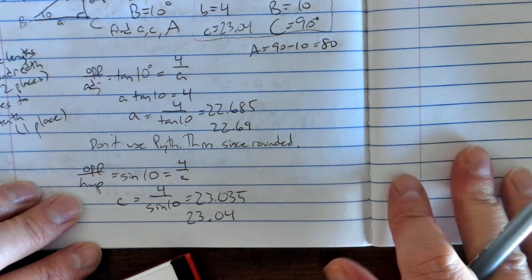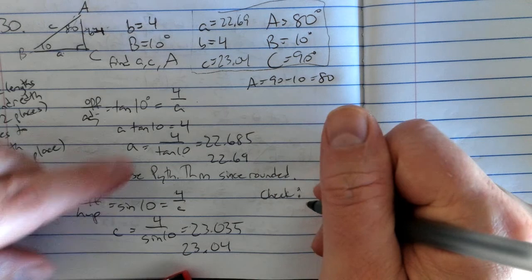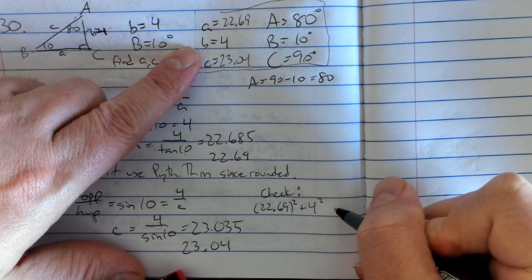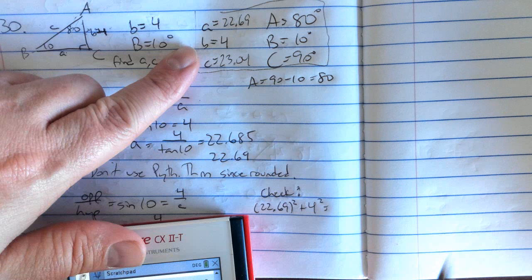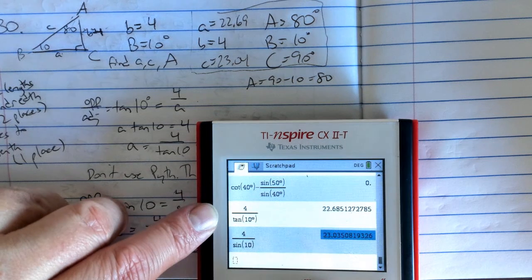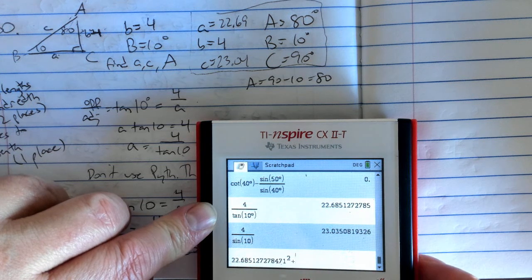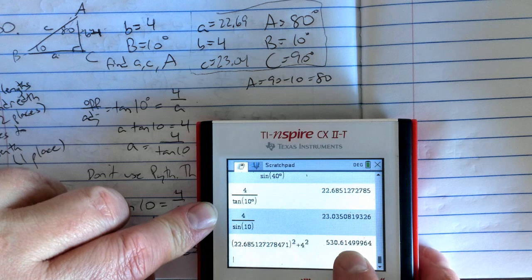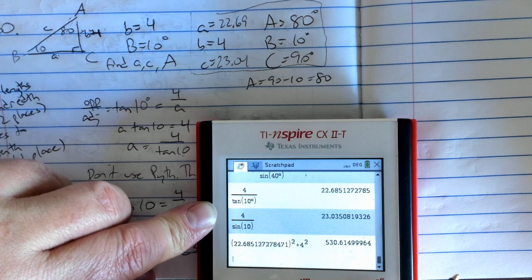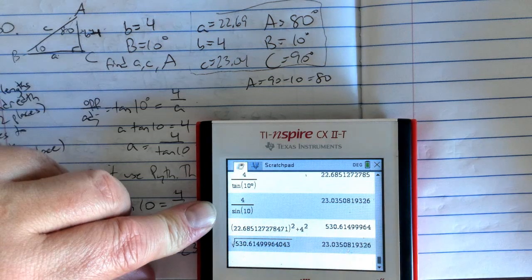And here's your work. If you just want to check for estimation, 22.69 squared plus 4 squared. In fact, what I'm going to do is highlight my previous answer and then say squared plus 4 squared. That gives us 530.6149 whatever, and then take the square root of that, and that gives you your 23.035.